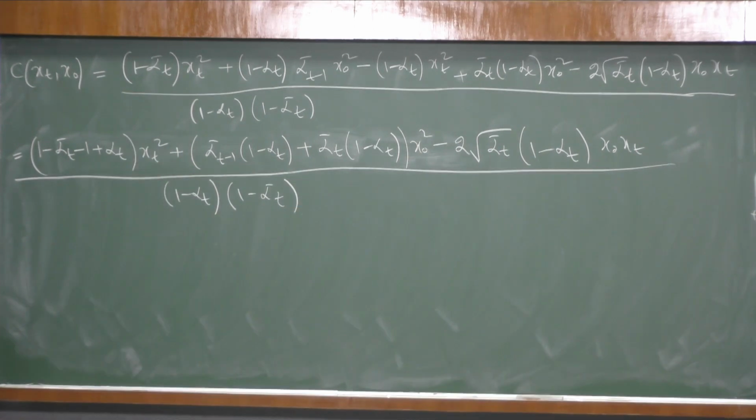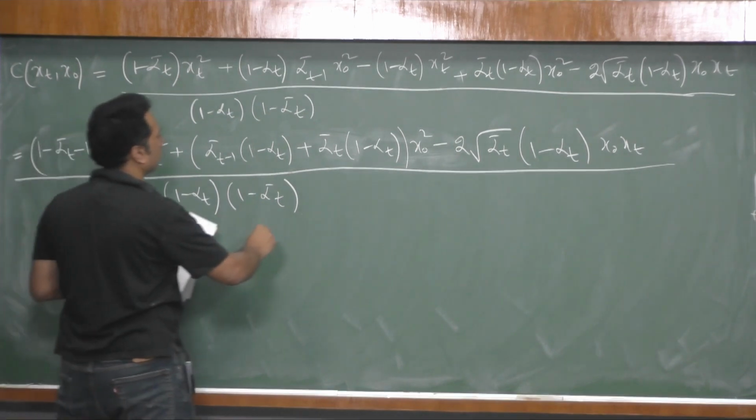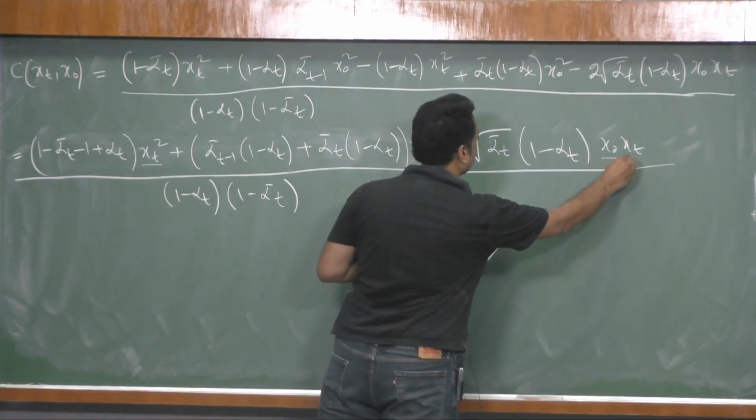So here what we have done is just taken common: xt square, and then x naught square, and x naught xt common.